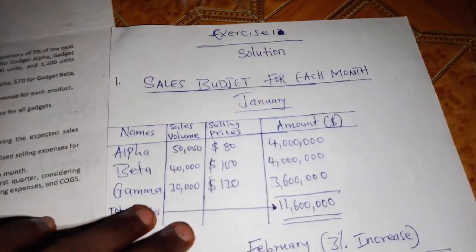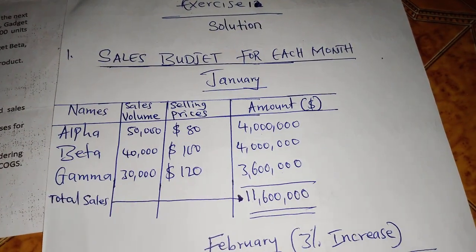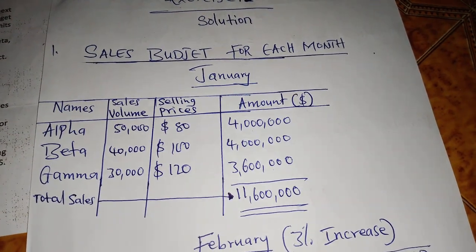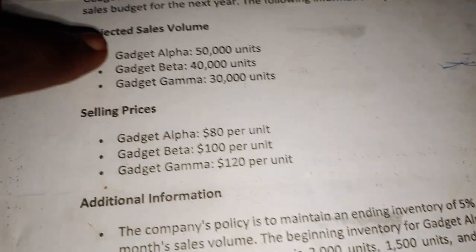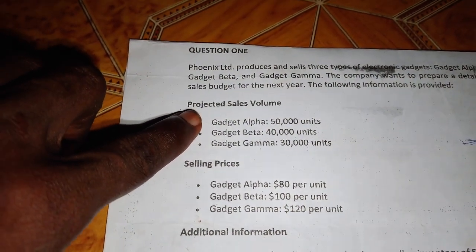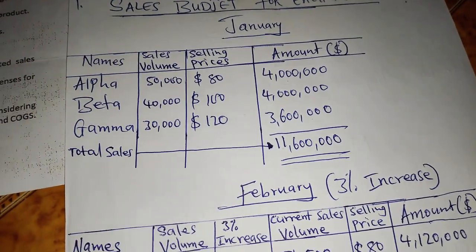Now, let's look at the sales budget for each month. For January, we indicate the names and the sales volume. This is what we call the projected sales volume. And we have the selling price, we have the amounts.